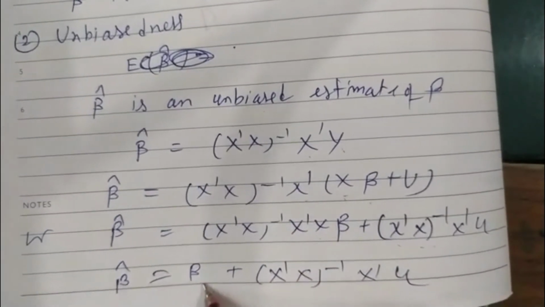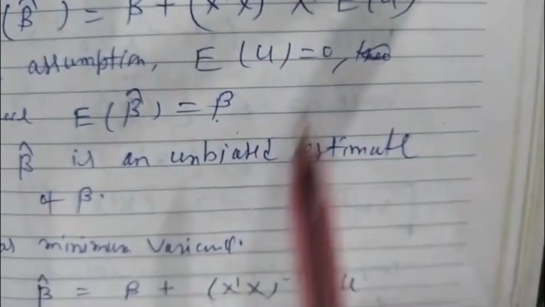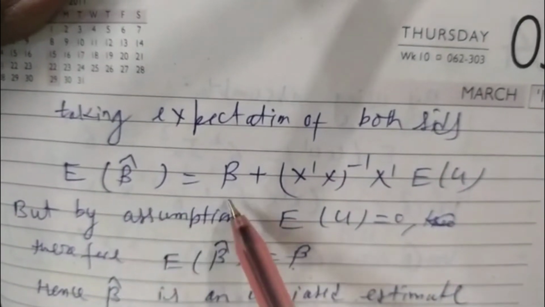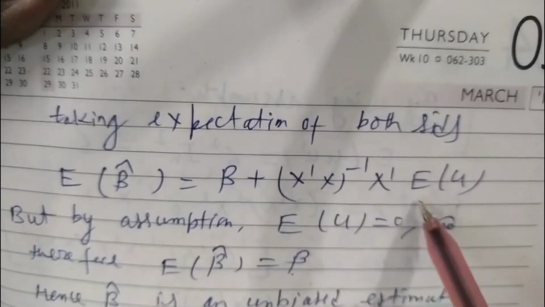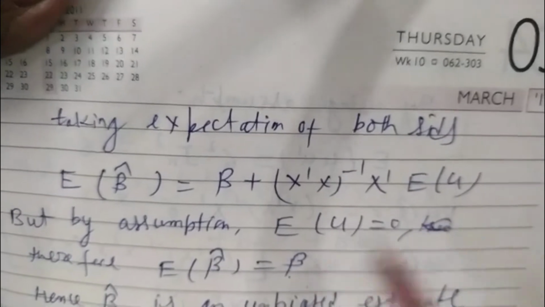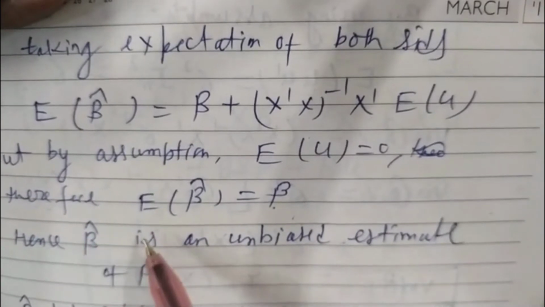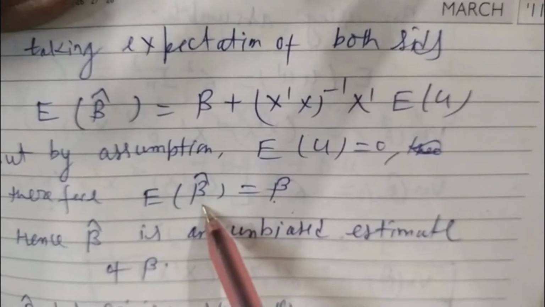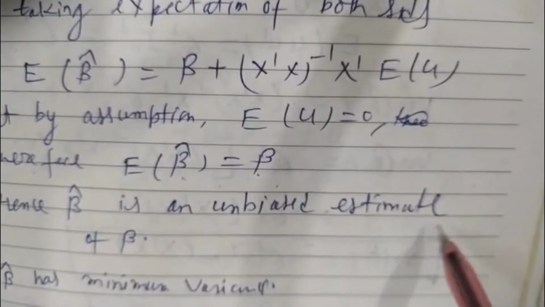So estimated beta equals beta plus (X'X) inverse X'u. Taking expectation of both sides, and since our first assumption is E(u) equals 0, we get E(estimated beta), a k by 1 matrix, equal to beta. Hence estimated beta is an unbiased estimate of beta.